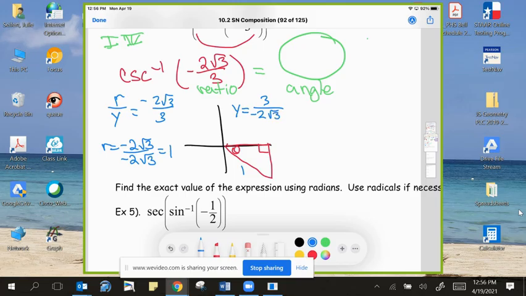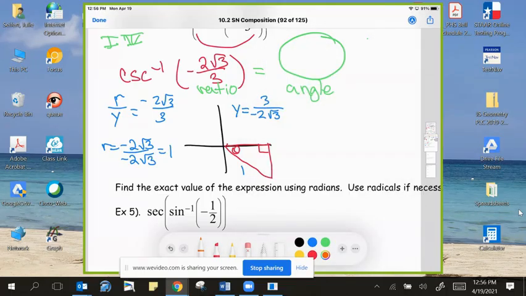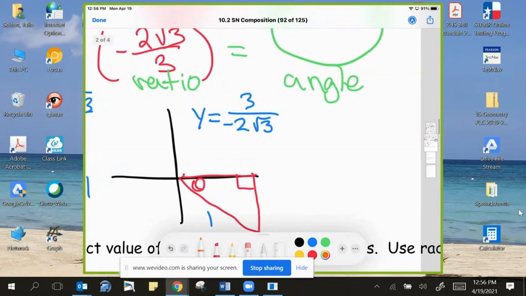Now, we can't leave that root 3 in the bottom. That's bad math. So we are going to do that process of rationalizing, where we multiply by root 3 over 3. Then that numerator is 3 root 3.